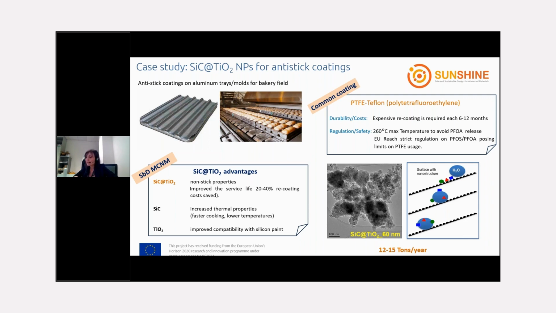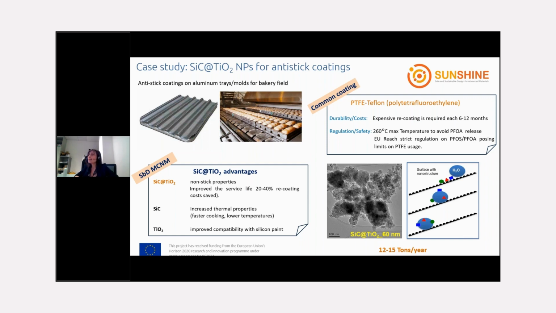That suffers from some concerns and problems in terms of durability, costs, and safety, because being a PFAS-based material, the European Commission is posing some limits on the temperature usage in order to prevent the release of PFAS compounds in the environment, and also imposing a frequent recoating of the molds, making the use of this polymer very expensive for the company.